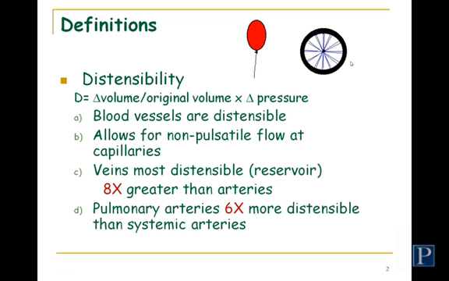Balloons are more distensible than bicycle tires, but you can blow up a balloon, and as you continue to blow it up, it will become less distensible. It'll be harder and harder to stretch it. So distensibility is not a constant, but it's still an important concept associated with the pulmonary system, which we'll be covering later. But right now we're talking about the vascular system.